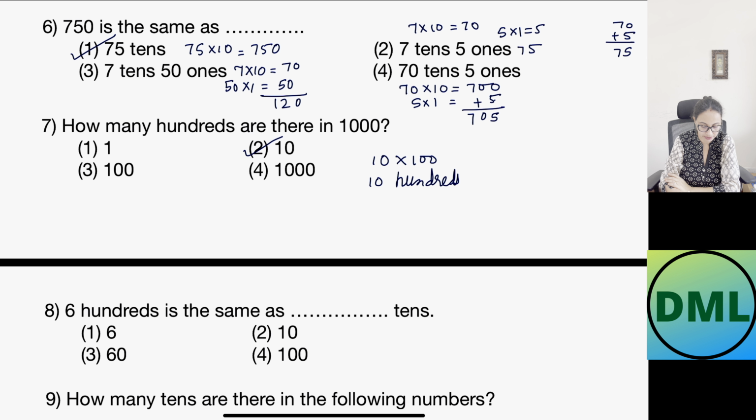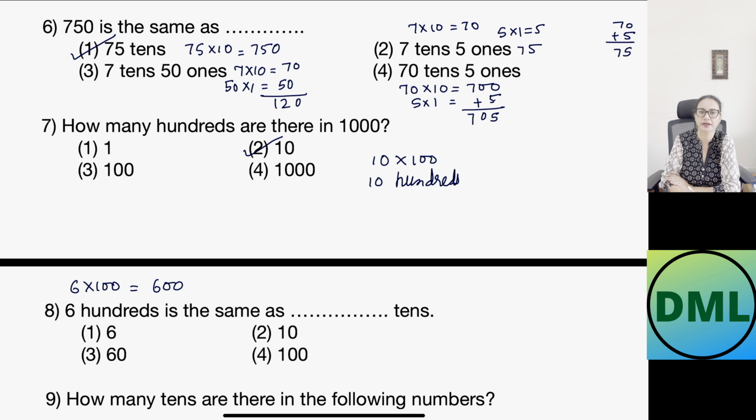Let's see the next question here. 6 hundreds is the same as dash tens. So he's telling you to write down in terms of tens. Tens means 10. Out of 600, I have to separate 10. First, write down 600 in the numerical numbers first. 600 will be written as 6 multiplied by 100. That is equals to 600. I have to separate tens.